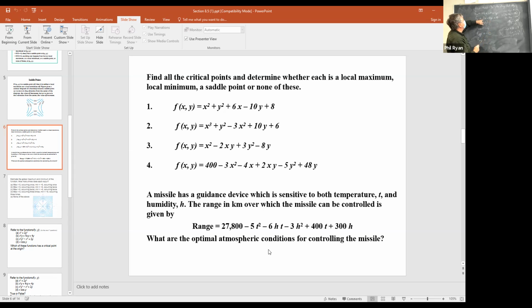Either the derivative of this with respect to x or the derivative of this with respect to y. We get what? 2. Yep. So D is now minus 6 times minus 10 minus 2 squared, which is 56. It's positive, so therefore it's a max or a min, but now we look at these things, they're negative. So they're like this now. That means we have a max, right?